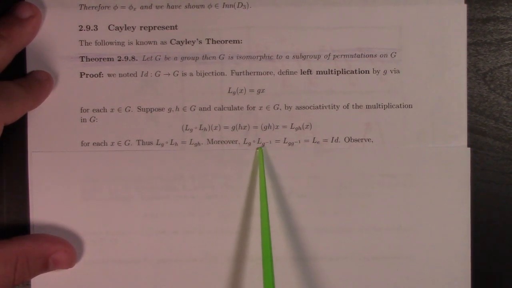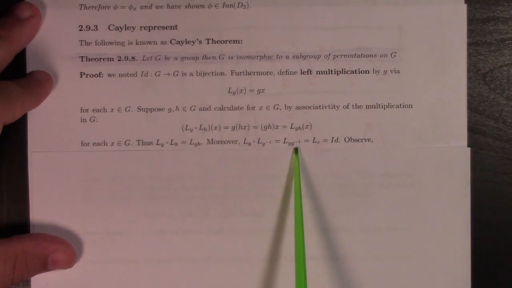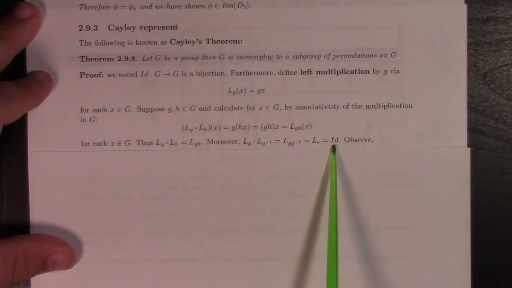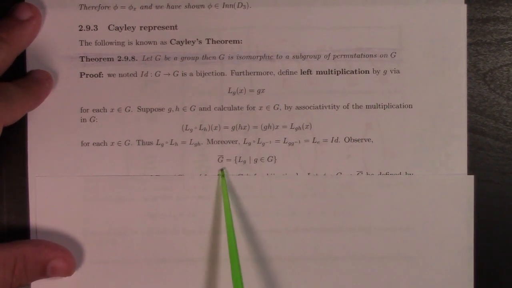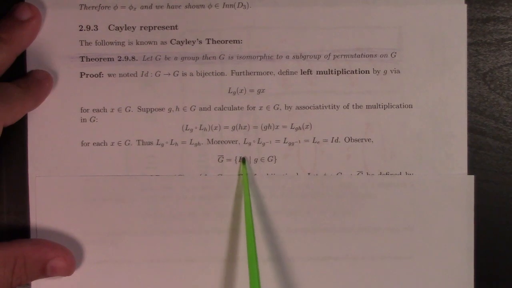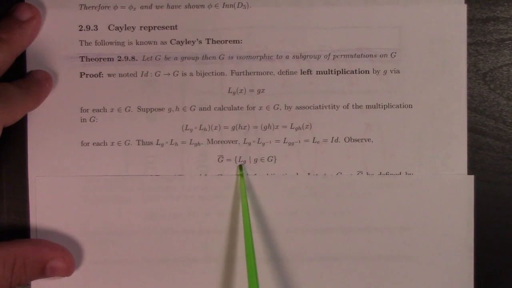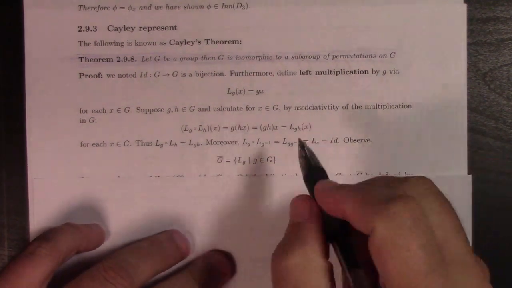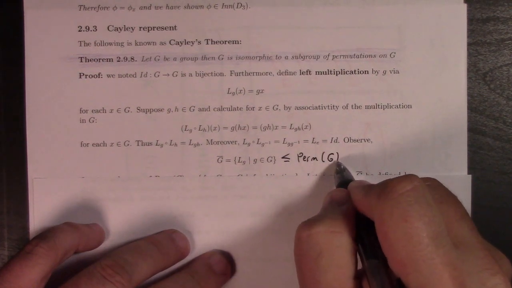And by the same calculation, essentially, we have that L sub g composed with L sub g inverse is L of g g inverse, which is L of e, but multiplication by the identity is the identity map. So this shows you that if we say G bar is the set of left multiplication by g maps in G, well, this is in fact a subgroup of permutations on G because it's a set of bijections, right?